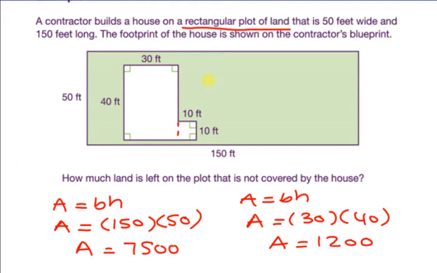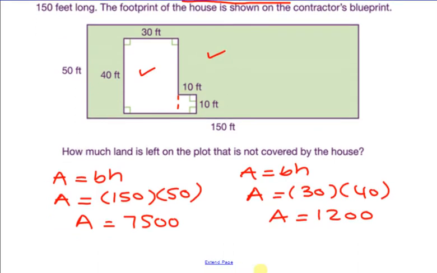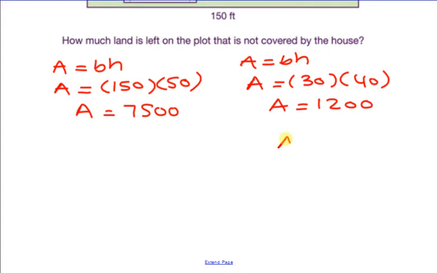Now we need to take care of this. It looks like this has a base of 10 and a height of 10. So area equals base times height, 10 times 10.